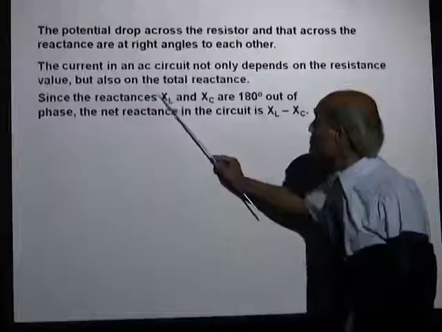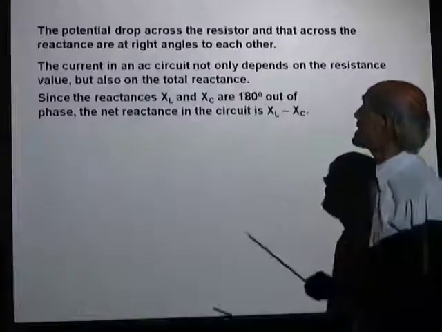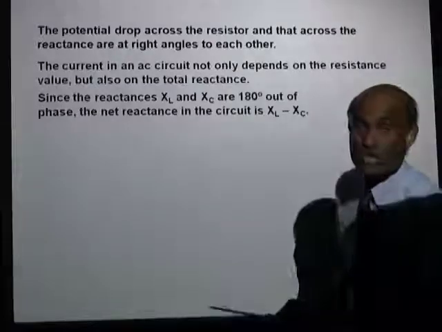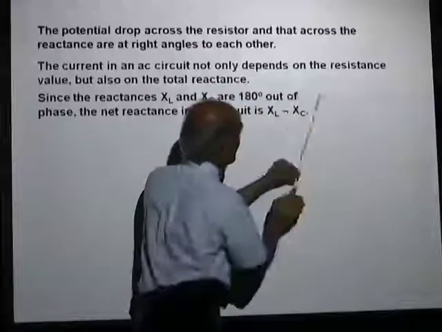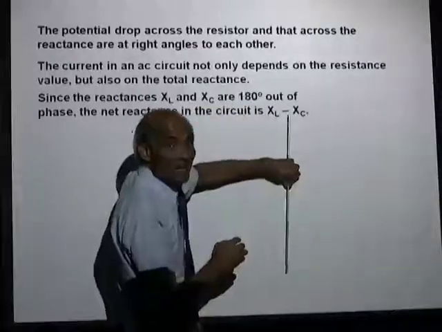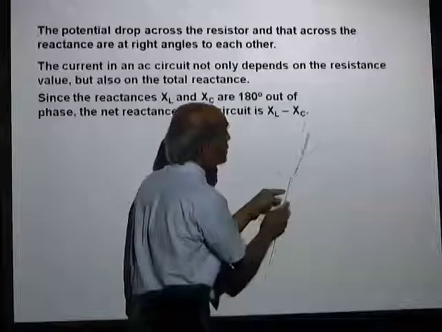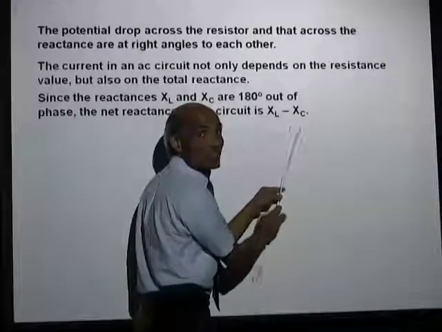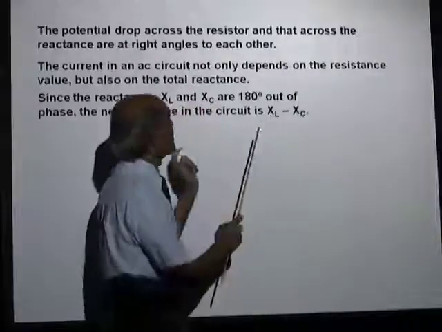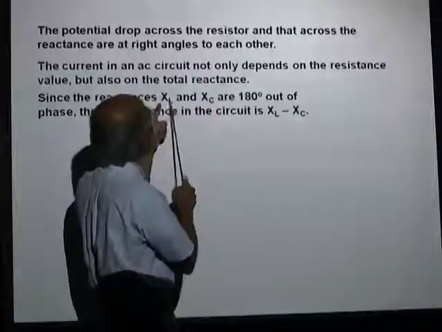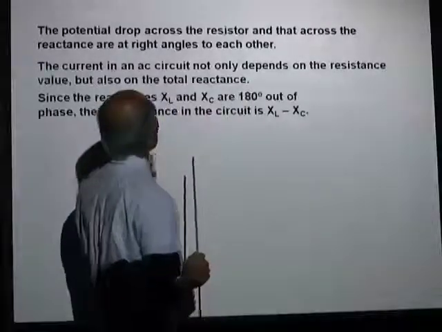Since the reactances XL and XC are 180 degrees out of phase, you see, if XL is upward, then XC will be downward. Because in a capacitor, the current leads by 90 degrees. In an inductor, the voltage leads by 90 degrees.